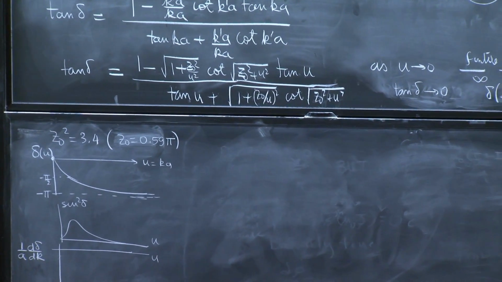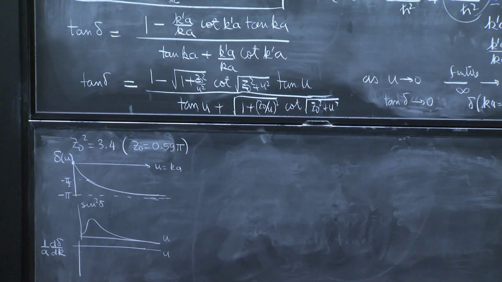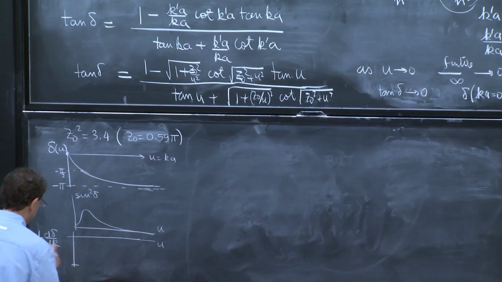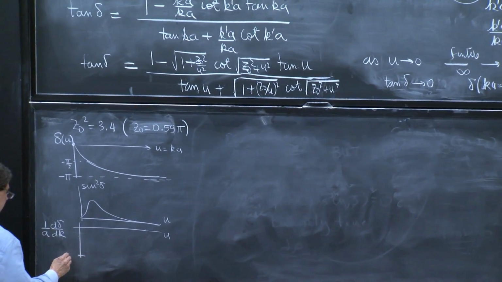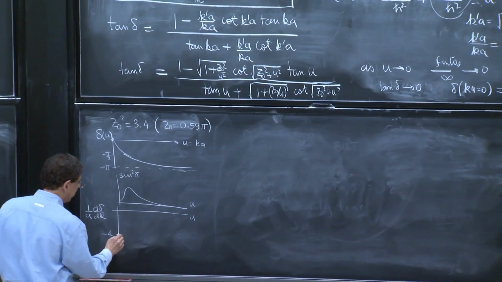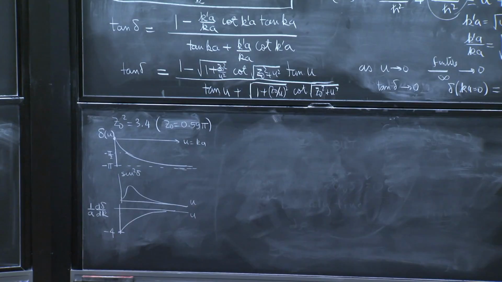Don't worry, you will have a bit of exercises on this to do it yourselves. But here the delay turns out to be negative, and this is unit free, and here comes to be equal to minus 4 for U equals 0 and goes down to 0.